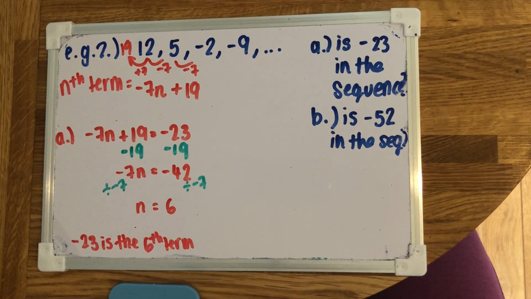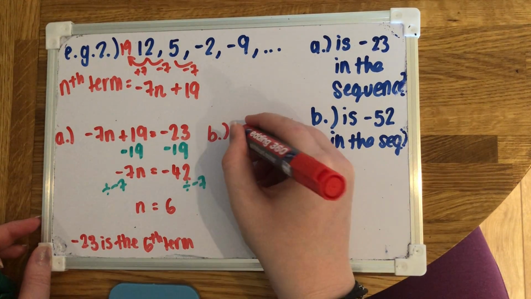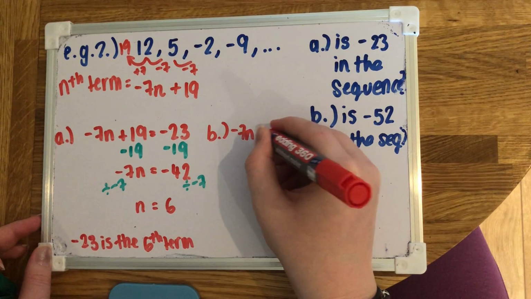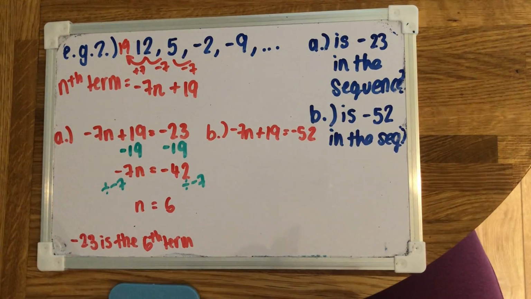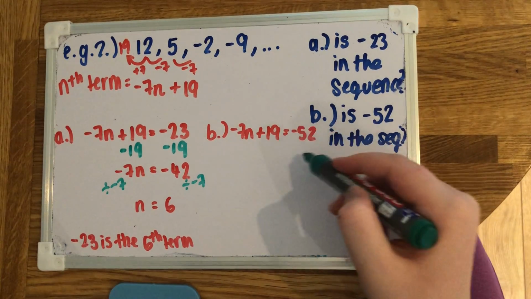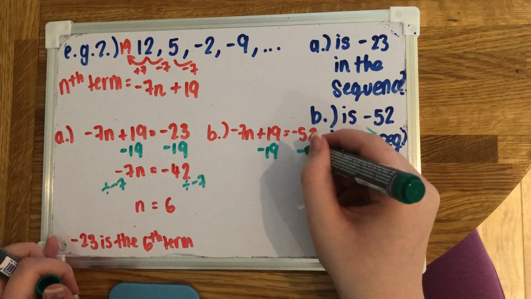Okay, again, part B, exactly the same method. Okay, it's just I've changed that number at the end because that's the number in the question. Subtract 19.